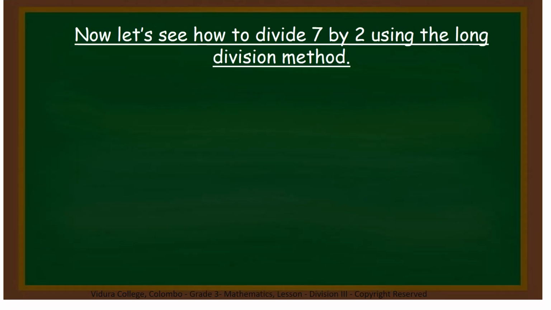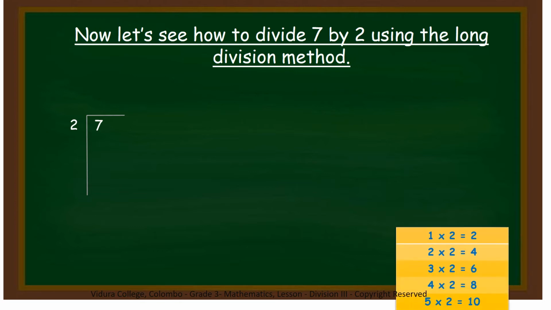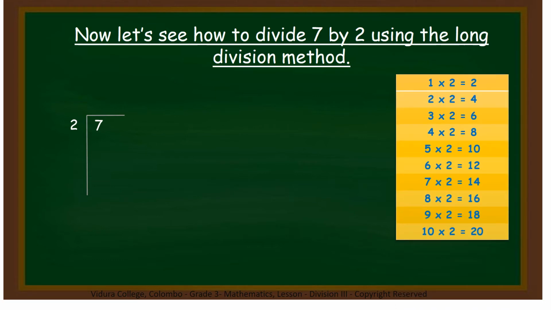Now, let's see how to divide 7 by 2 using the long division method. First, you can write the numbers as follows. Then you can write the multiplication table aside of your book. Then you can write D, M, S, B, the steps of long division.